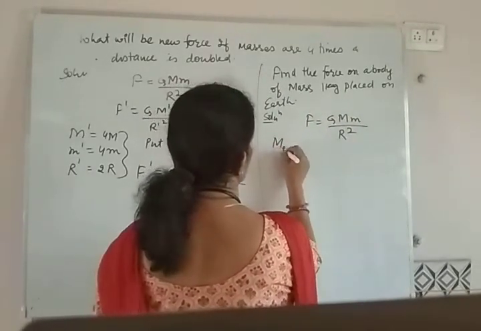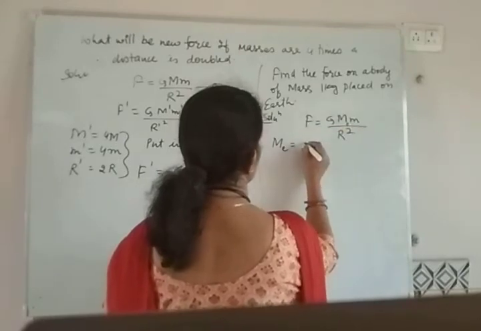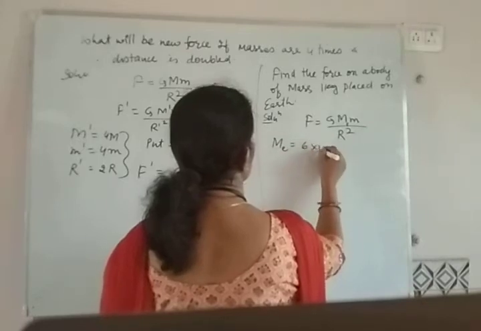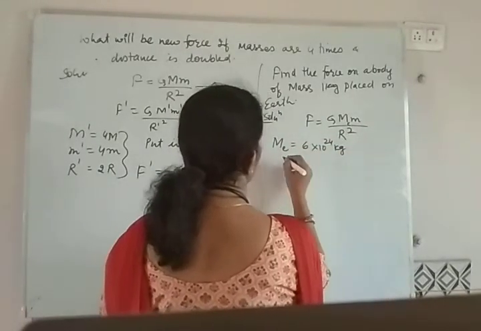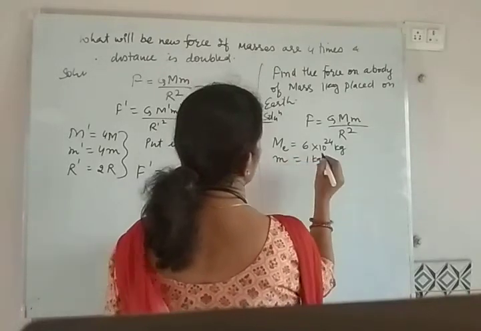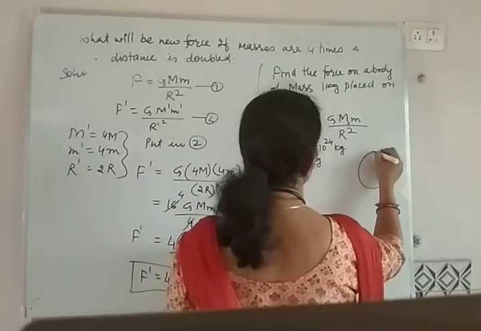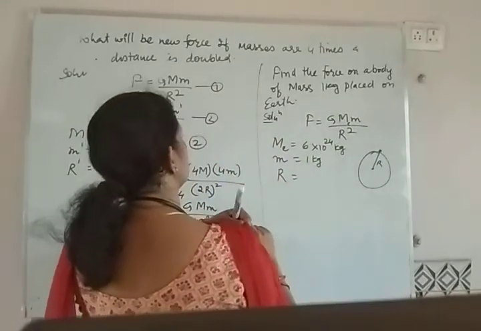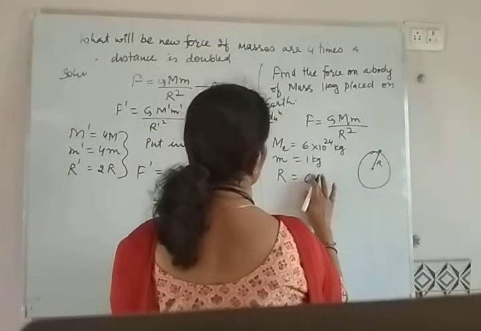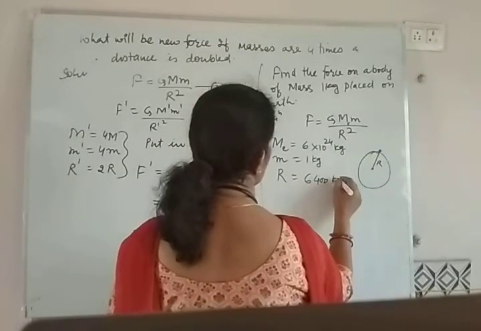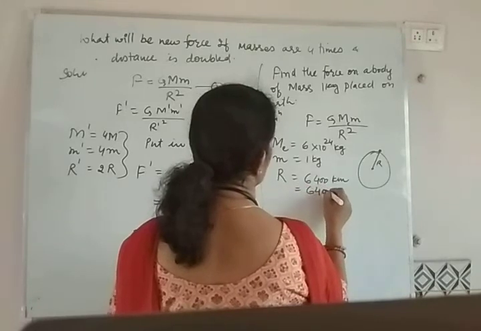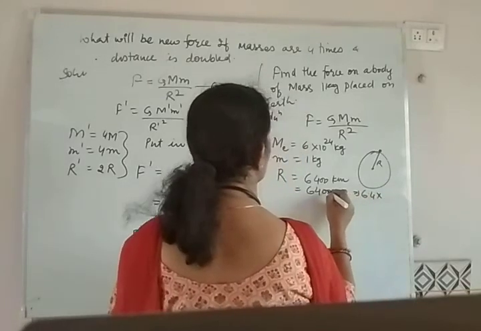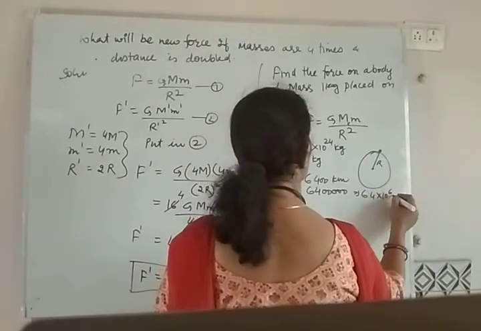This capital M is the mass of earth, that is 6 into 10 raised to power 24 kilogram. Mass of object is 1 kilogram. Radius: because the body is placed on earth, you will take the distance as the radius. This is 6400 kilometer, or you can change it into meters, 6.4 into 10 raised to power 6 meters.